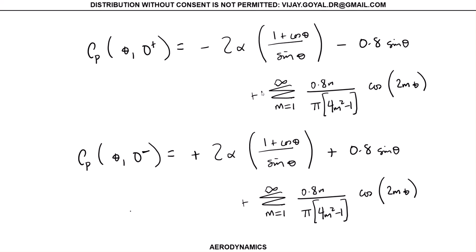There is a 2 missing here. I'm sorry, there's a 2. Don't forget that 2. So that will be your expression. This is your coefficient of pressure, top and bottom surfaces. And what you can do is, the more terms you put, the more accurate you become. You get closer to what the expression looks like. Okay. This wraps up example number 2 on parabolic airfoils.